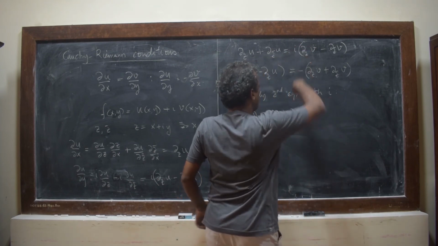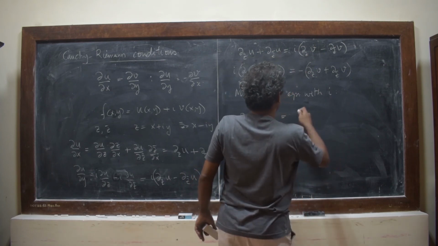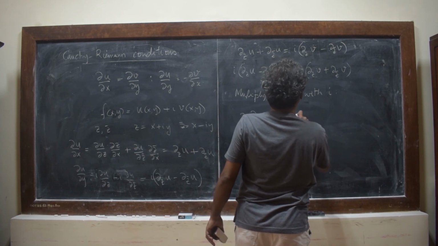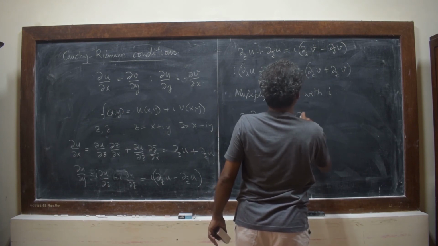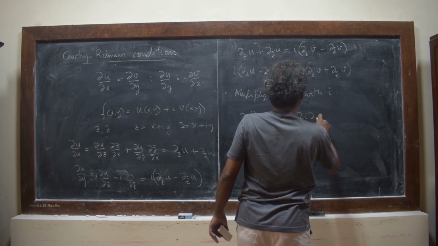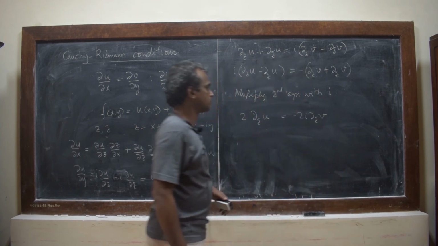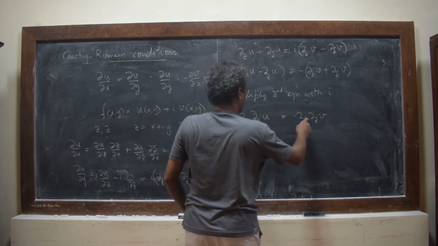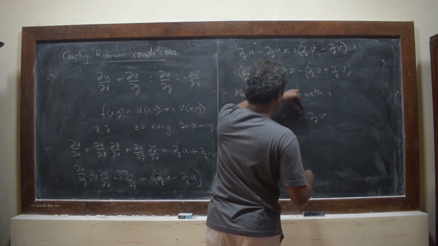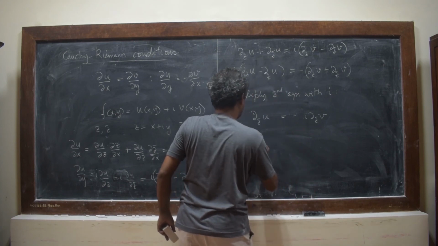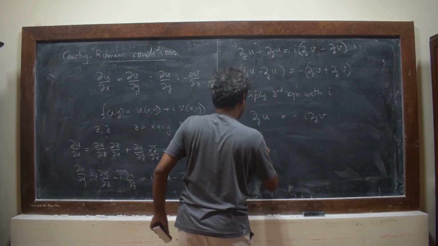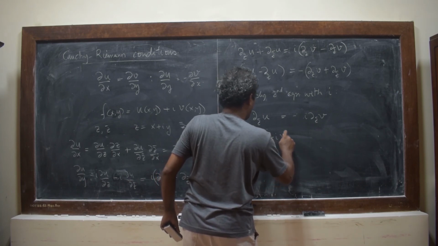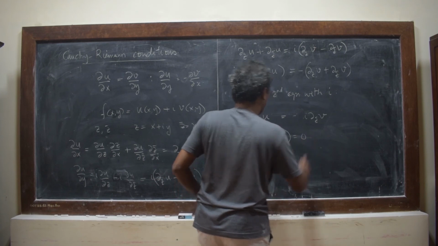So, when we add, that first term cancels and we are left with just the second term, which adds up to give minus 2I del z bar v. Bringing this term to the left hand side and cancelling away the factors of 2 on either side, we get del z bar of u plus I v equal to 0.